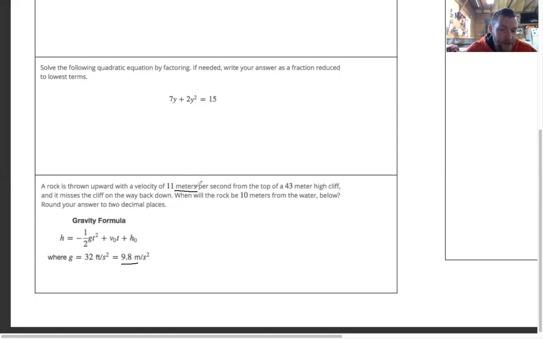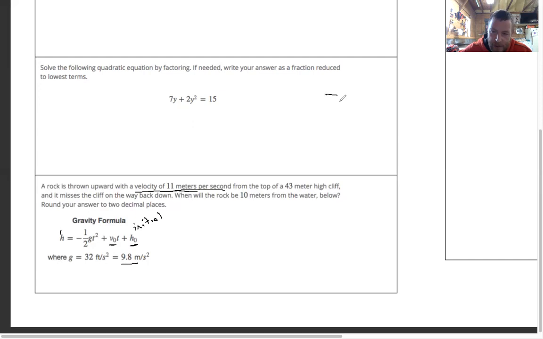If they say feet, you've got to use 32. That's where most people miss this. Velocity of 11 meters per second, that is V naught. H naught is the initial height, so how far did they throw it off of? And H is how high it is when it's traveling.